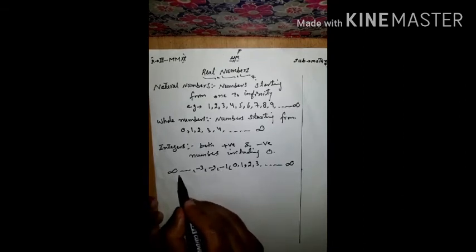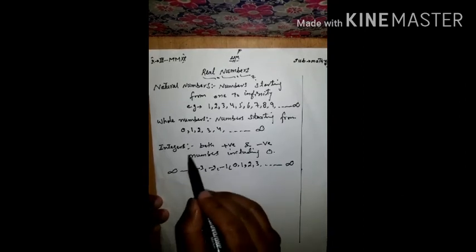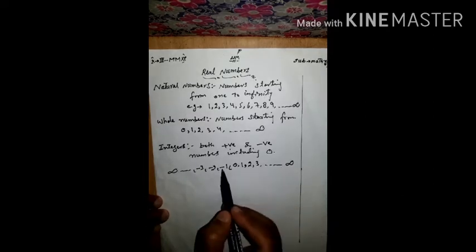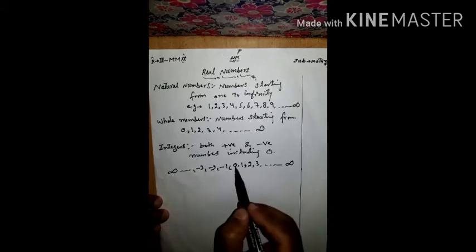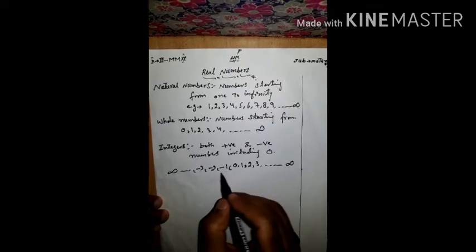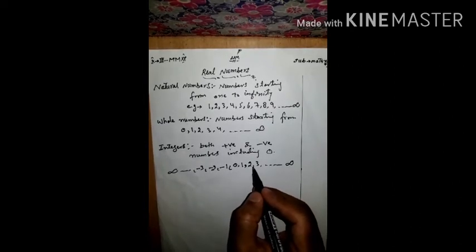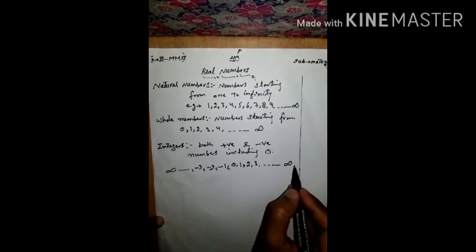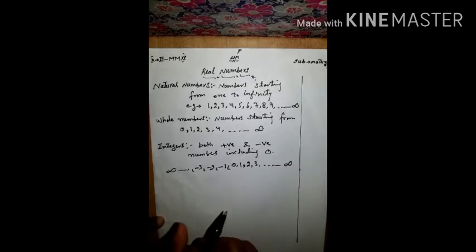That's negative numbers. So the set of integers are positive numbers as well as negative numbers including 0. We can't say the least integer and the largest integer because on both sides it's up to infinity.